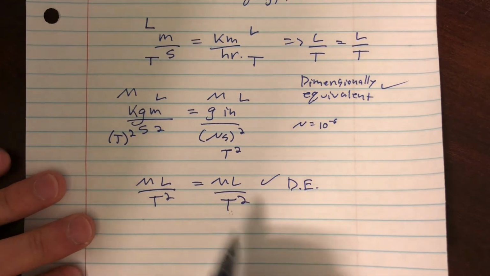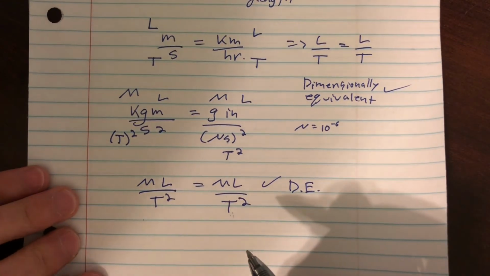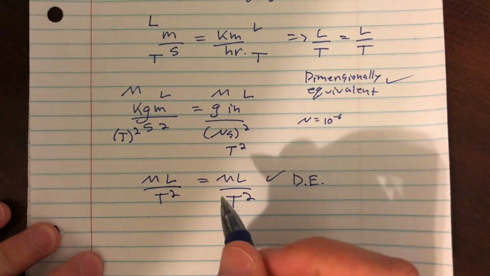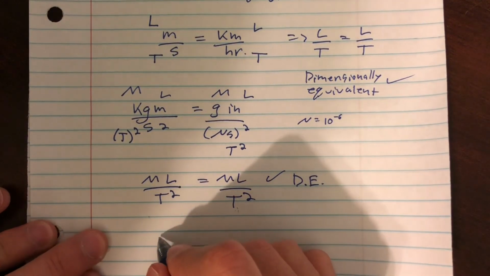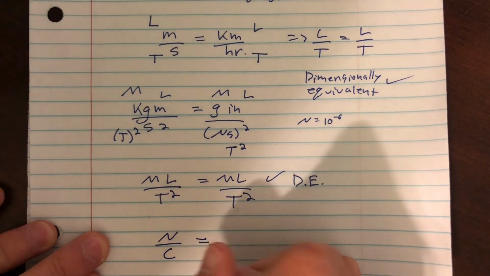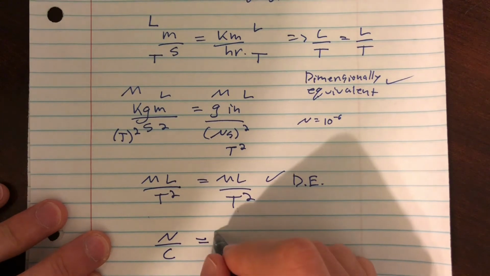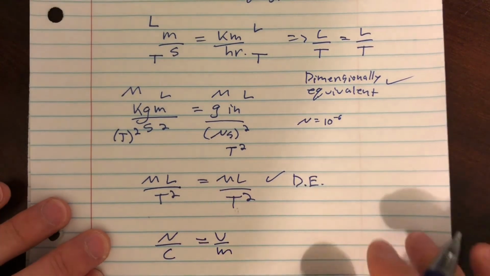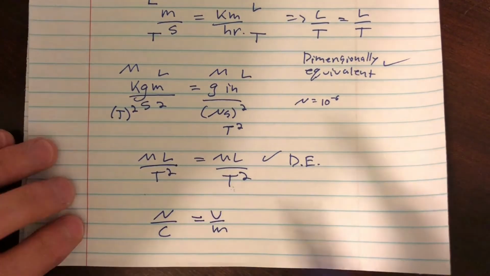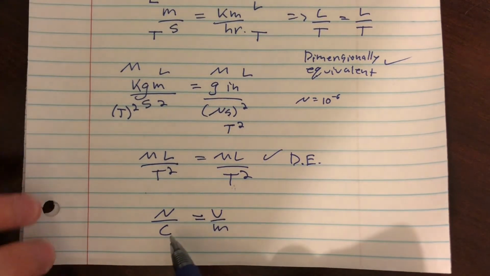So for example, if you had a more difficult problem, let's say Newtons per Coulomb equals volts per meter. Newton, that's a unit of force.